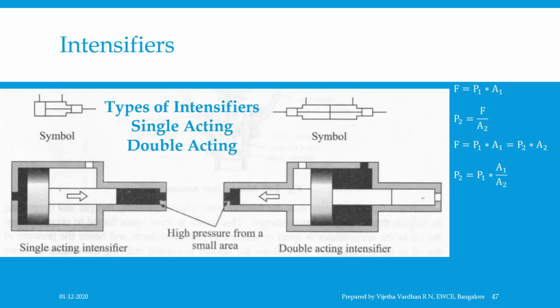It can be simplified as P2 is equal to P1 into A1 by A2, or it could also be given as P2 is equal to P1 into (D1 by D2) square, which is in terms of diameters. In general, D1 by D2 squared can be called n, where P2 will be n times P1.